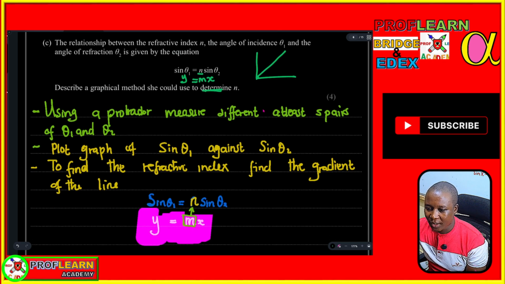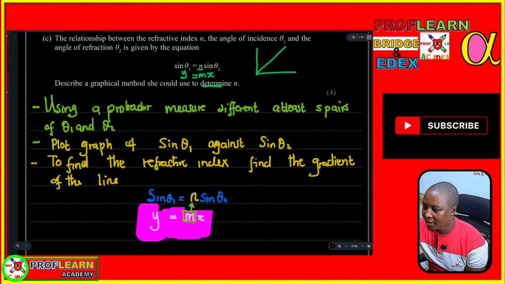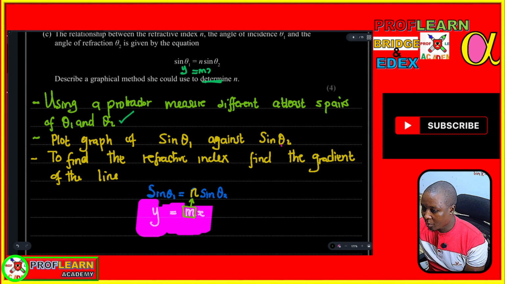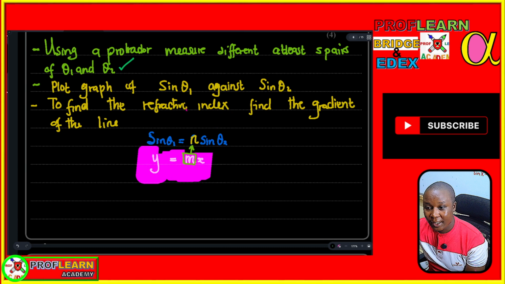in these instructions. I've said using a protractor, measure different angles, at least 5 pairs of theta 1 and theta 2. So we are going to have at least 5 pairs of angles, so that we can plot a graph of sine theta 1 against sine theta 2.